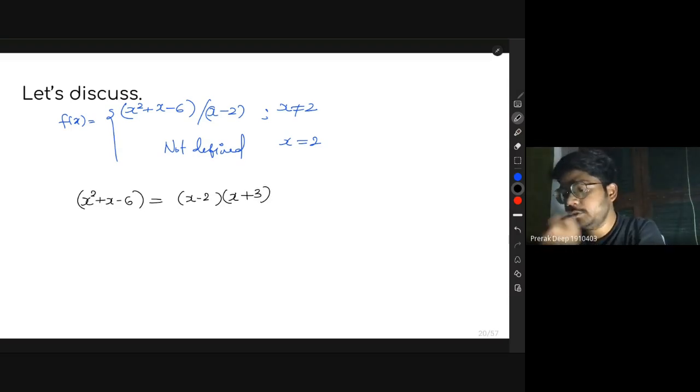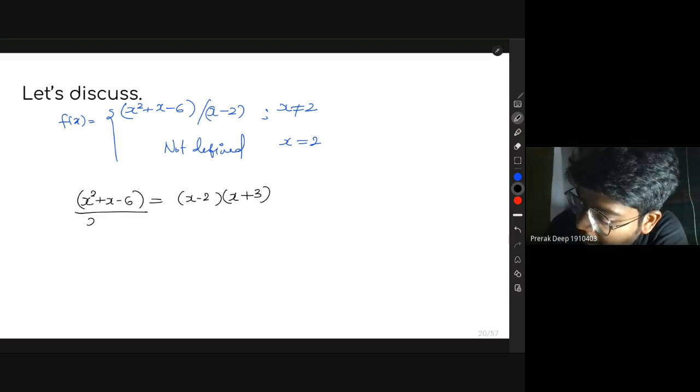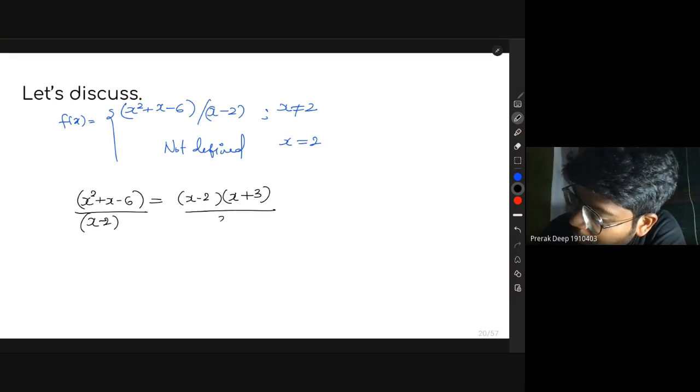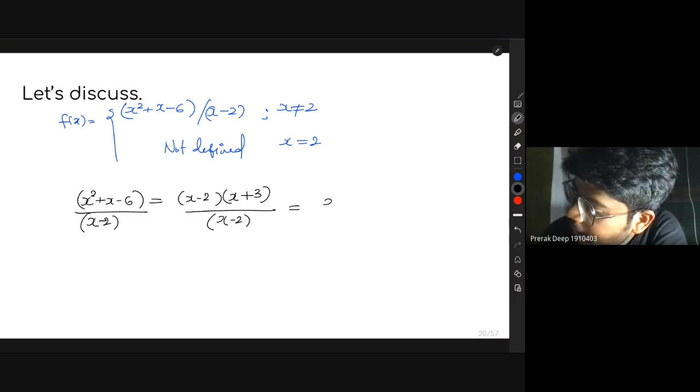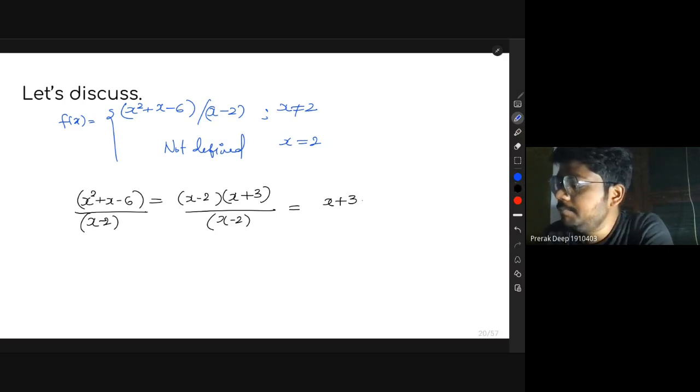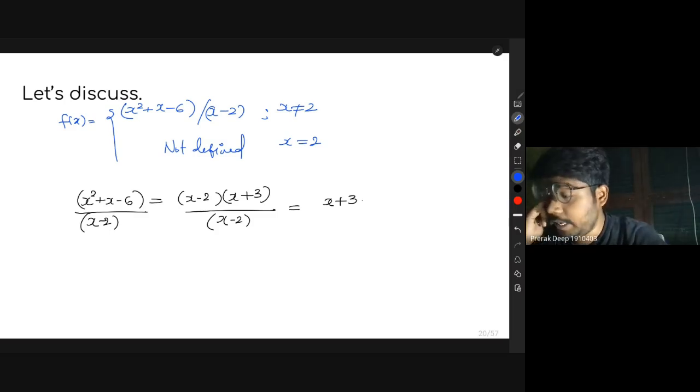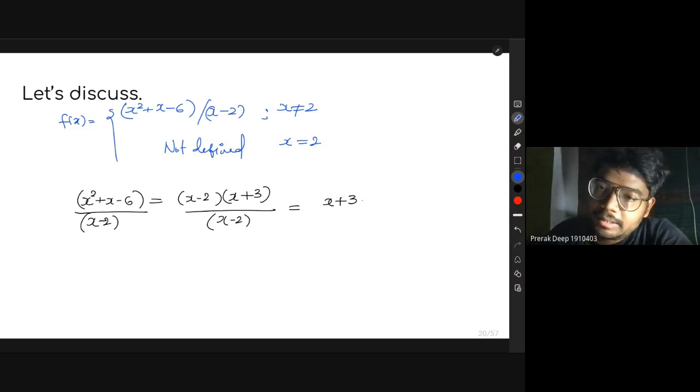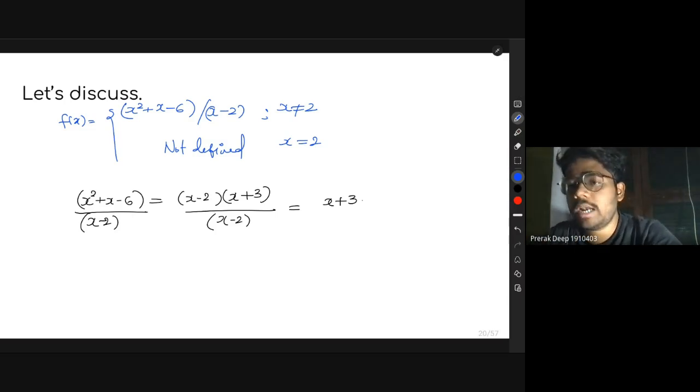You can factor it like this, and as you divide by x minus 2, you will get x plus 3 as the result. So this function is not actually meant to be discontinuous at x equal to 2, but the representation of the function makes it look like it is discontinuous at x equal to 2.